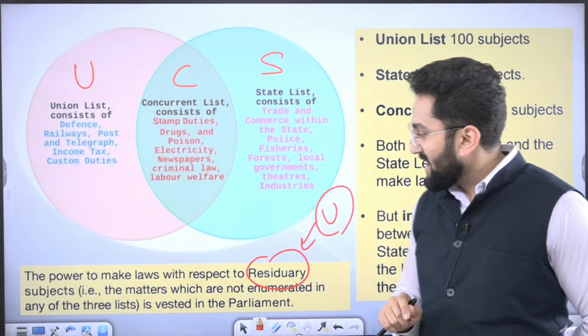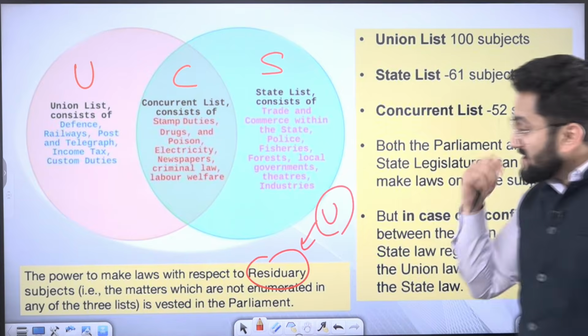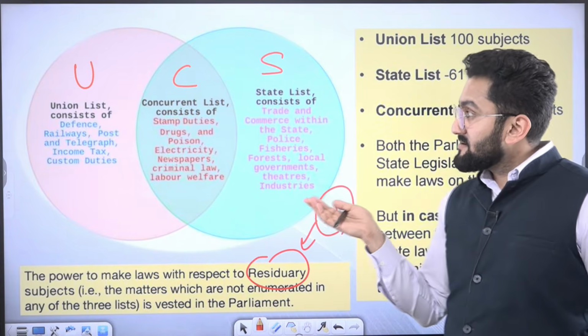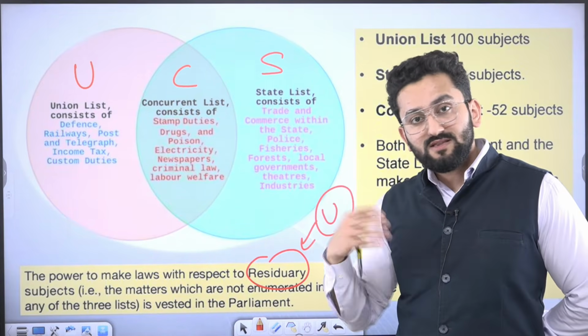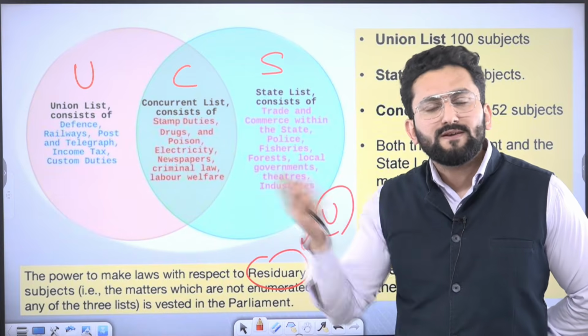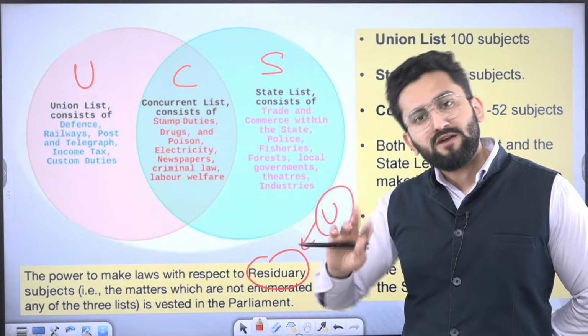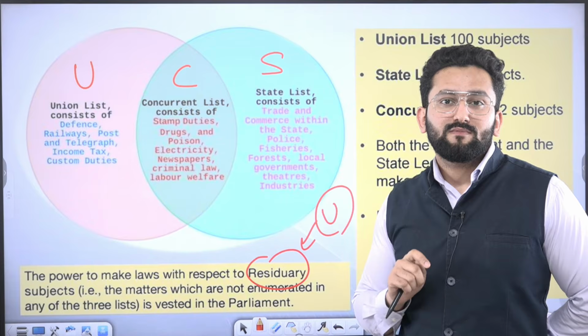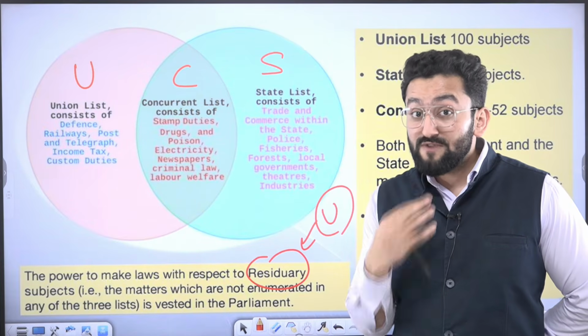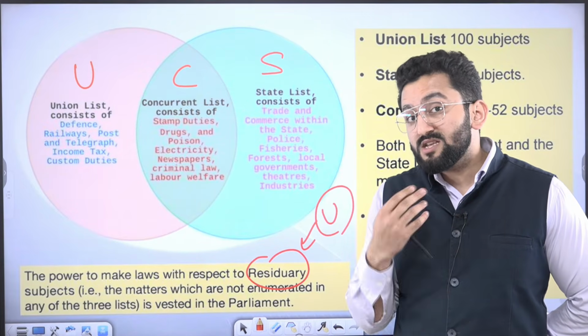Okay. Now, if we compare the Indian division of legislative subjects between center and state with, say, the USA. In the US Constitution, there is mention of federal subjects. Since just federal subjects are mentioned, what does it signify?